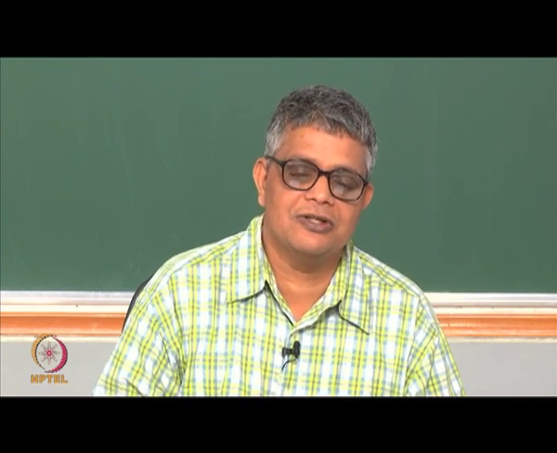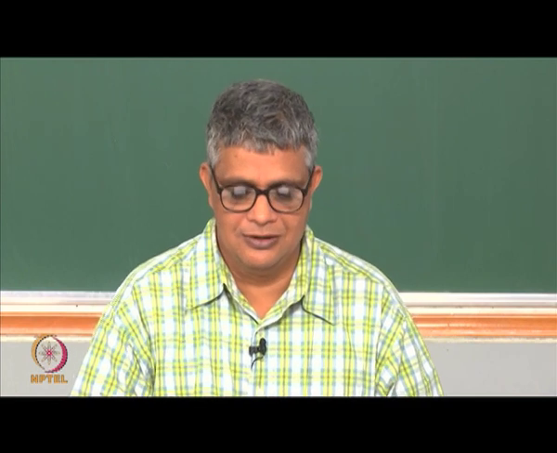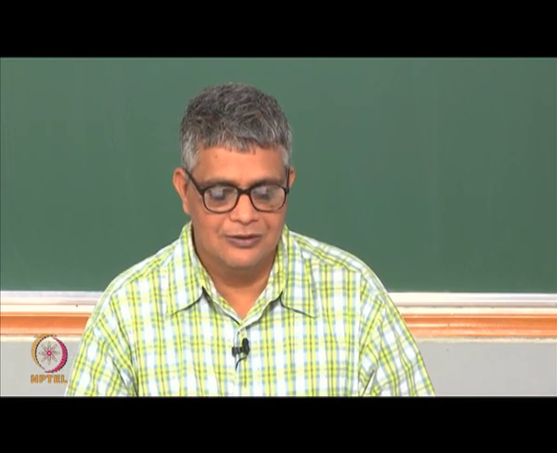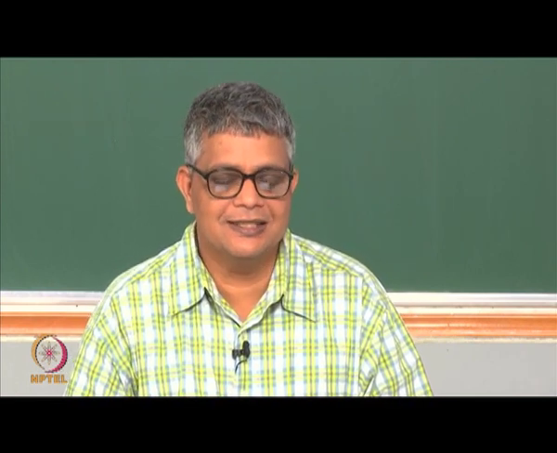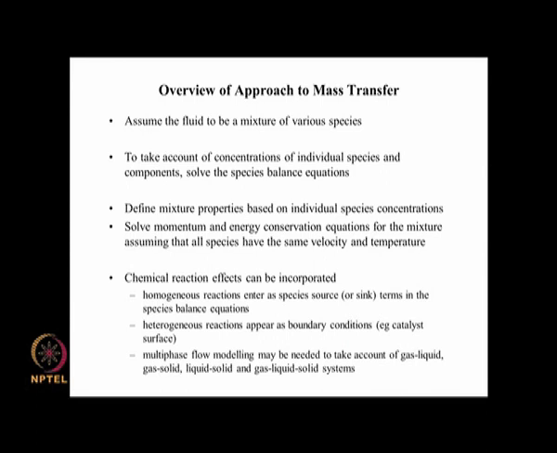But a chemical reaction can change the species, although the elemental balance always has to be satisfied. So, what we are looking at is the species balance equation and not the elemental balance equation, and that is something that we would like to highlight as part of the derivation here.